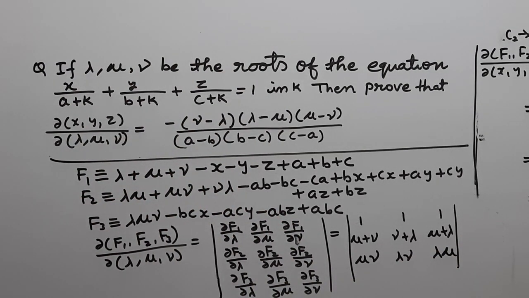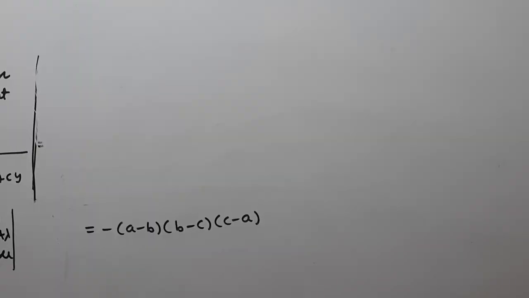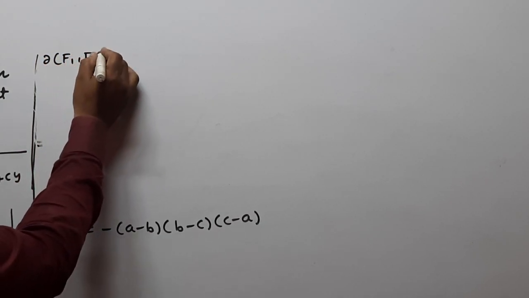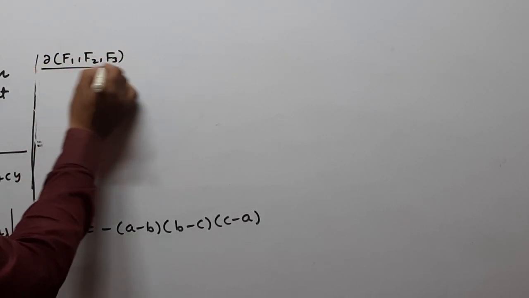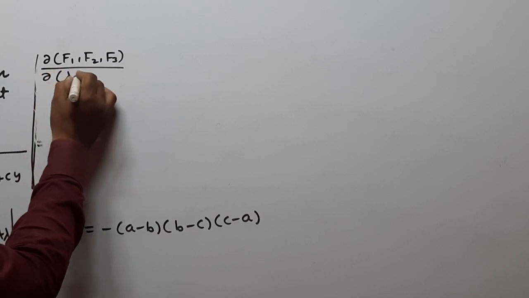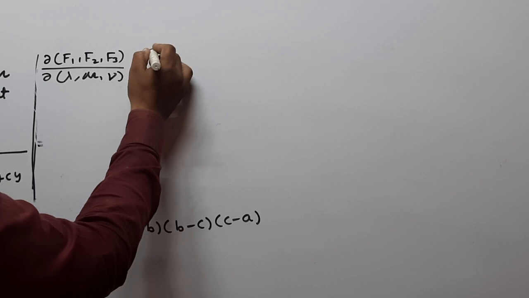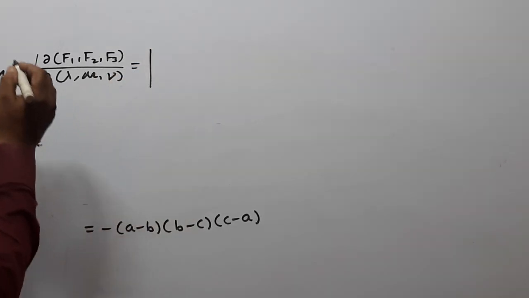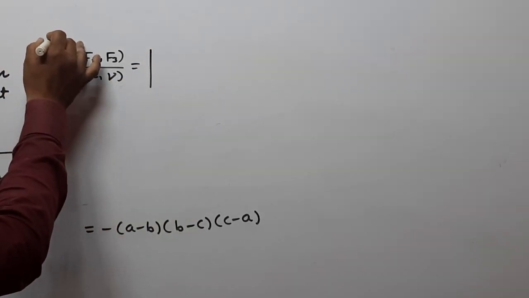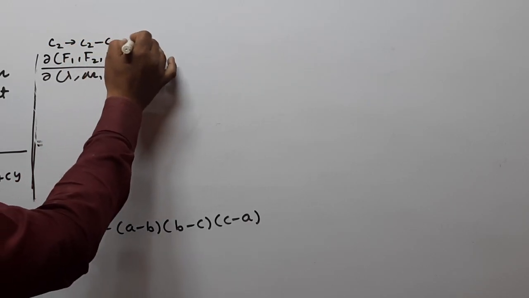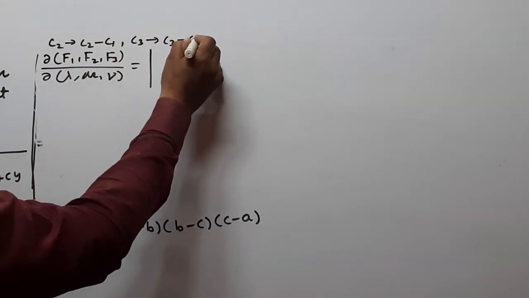Now we solve this third order determinant and find the Jacobian of f1, f2, f3 with respect to lambda, mu and nu. Here we apply some operations of matrices of determinant. So C2 tending to C2 minus C1 and C3 tending to C3 minus C1.